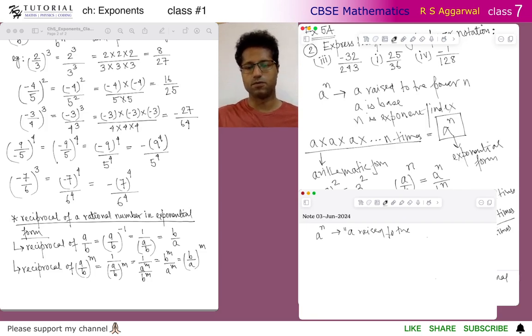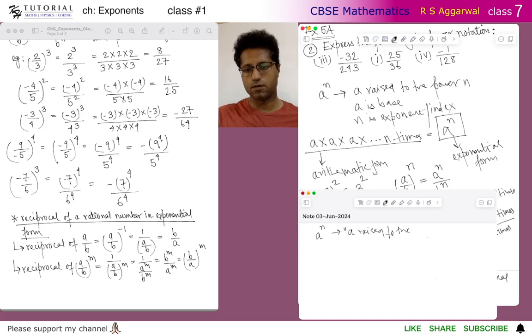This is nothing but reversing the numerator and the denominator.